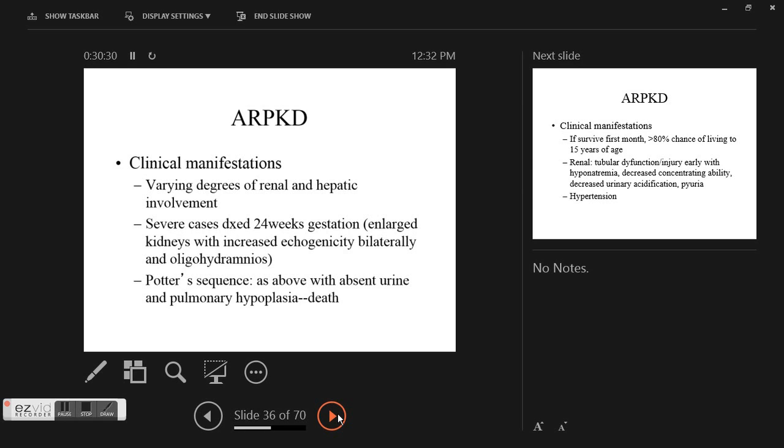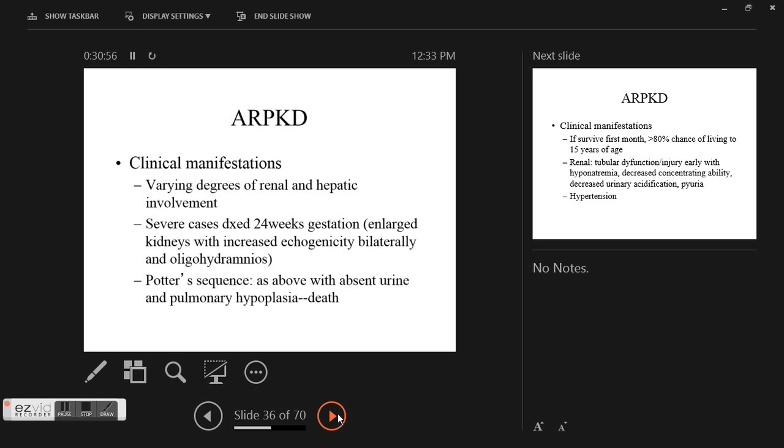Congenital hepatic fibrosis, classic buzzword for ARPKD. When you see Potter's, and you guys have probably seen this, especially in the NICU, it's basically when you have severe renal and/or hepatic involvement in utero to where you have pulmonary hypoplasia as well. Severe cases of Potter's are not compatible with life.